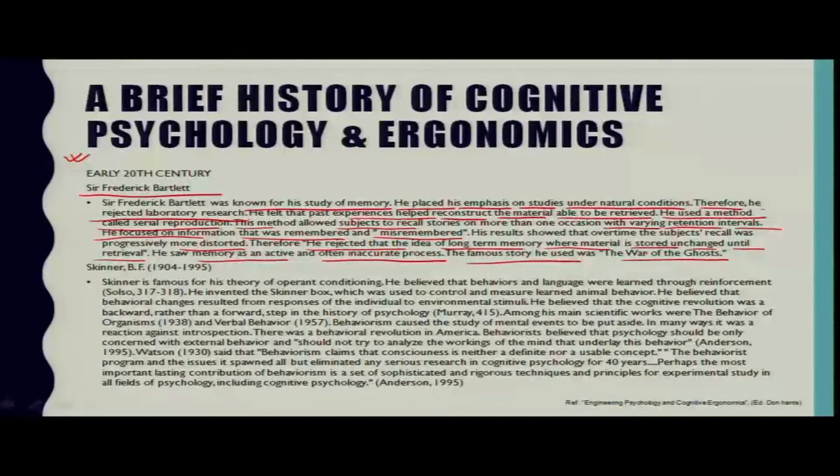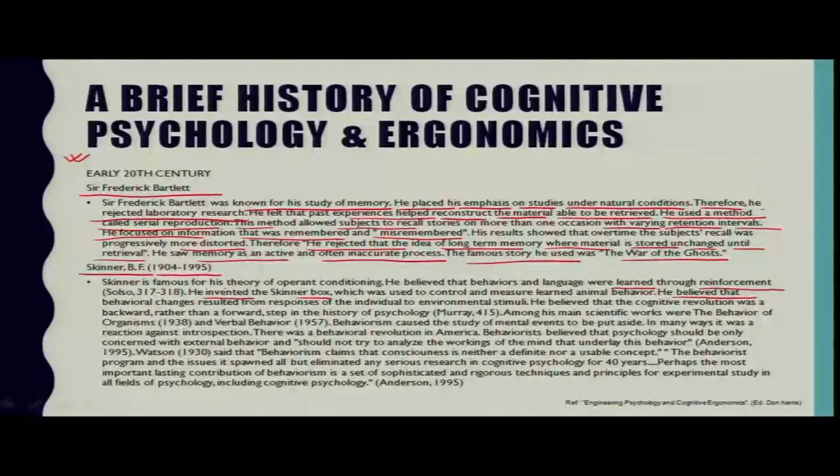And the scientist whose work I would like to summarize also is B.F. Skinner, whose tenure was from 1904 to 1995. He is famous for his theory of operant conditioning. He believed that behavior and language were learned through reinforcement. He invented the Skinner box, which was used to control and measure learned animal behavior.